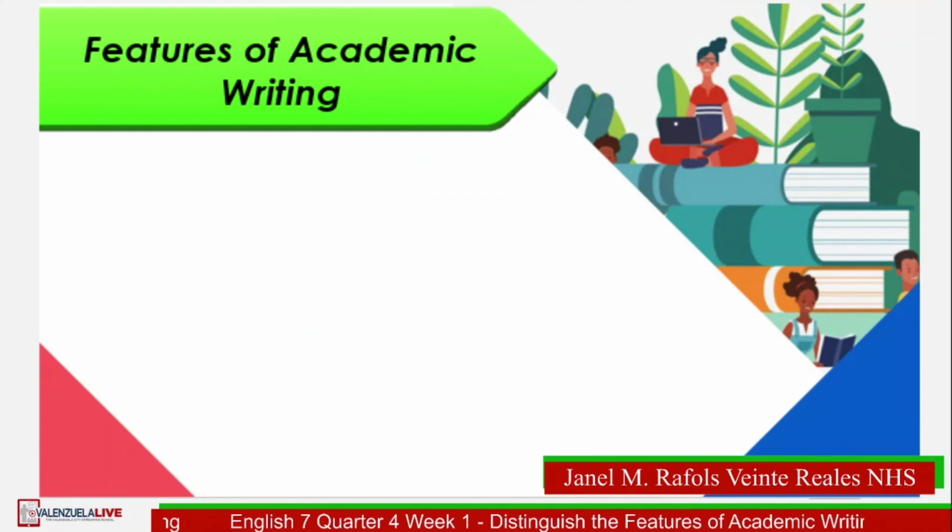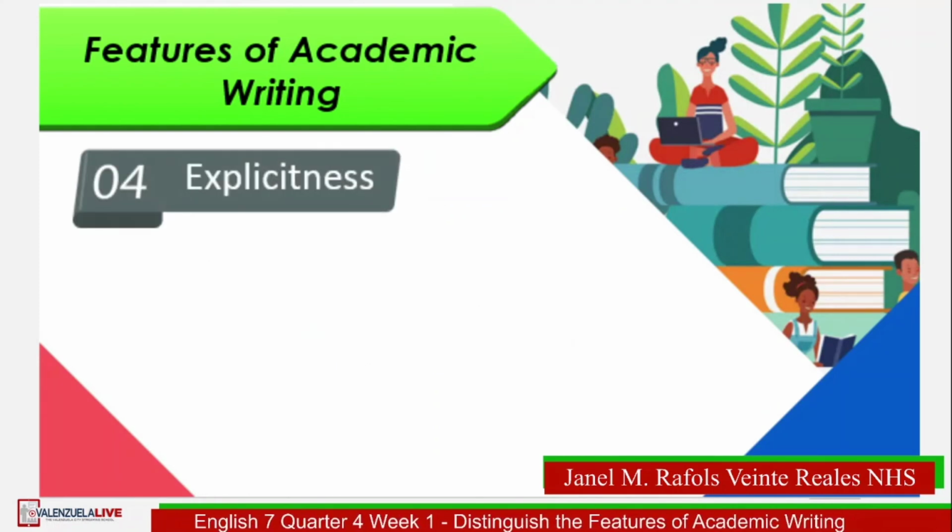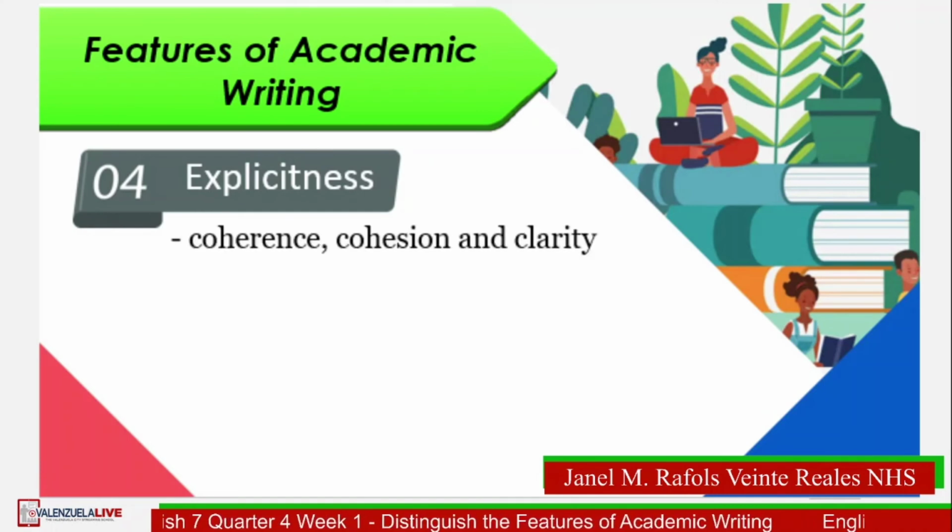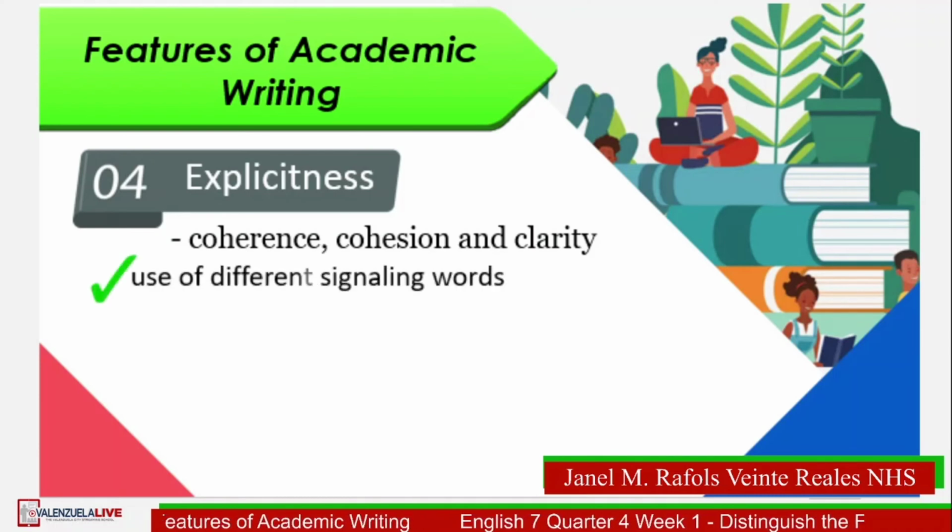Fourth feature, explicit. This pertains to coherence, cohesion, and clarity. It is the responsibility of the writer to make it clear to the reader how the various parts of the text are related. These connections can be made explicitly by the use of different signaling words.